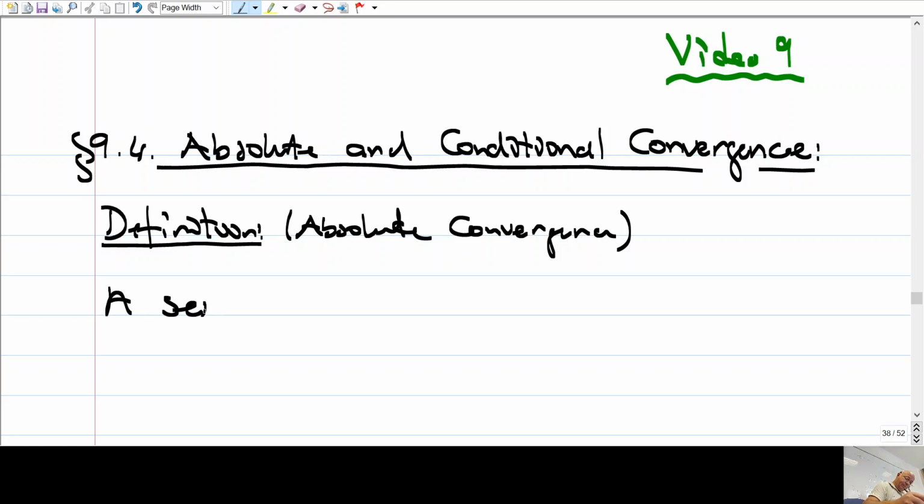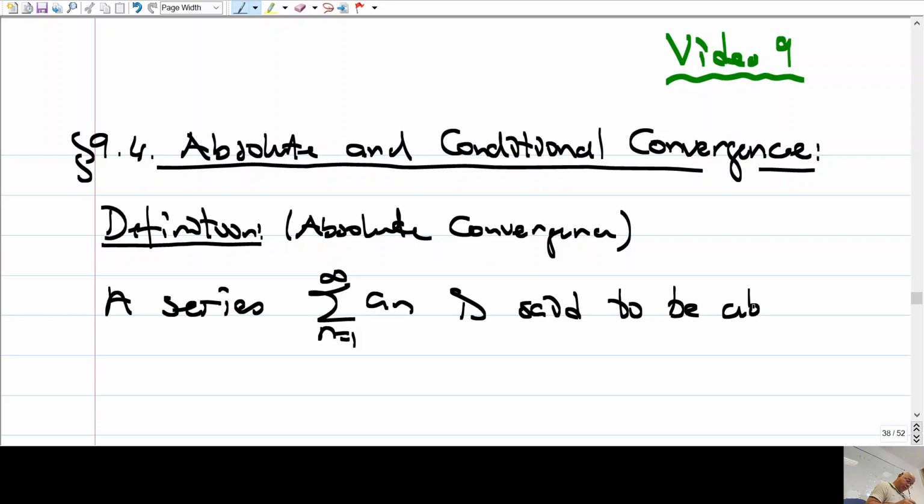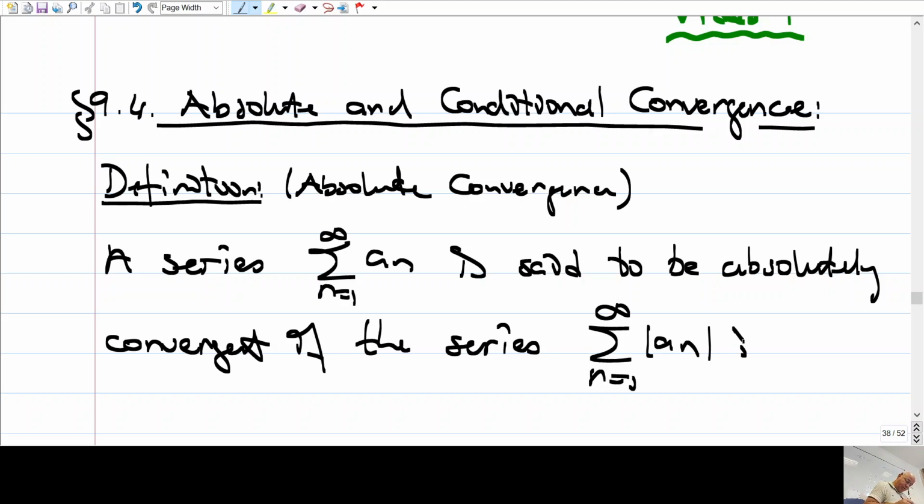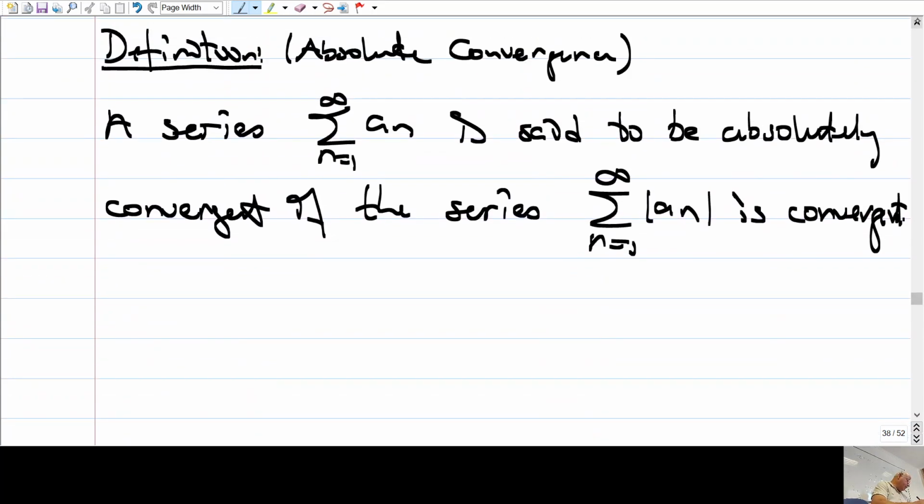A series an is said to be absolutely convergent if the series an in absolute value is convergent.